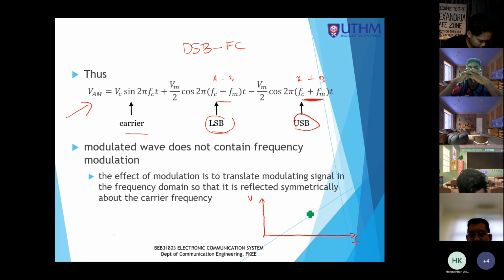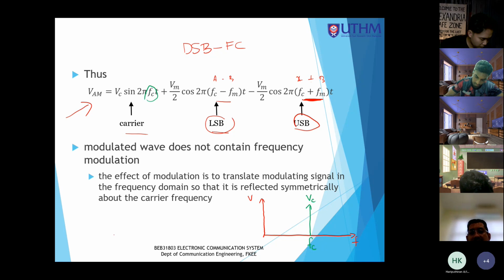So this is the carrier component. Carrier component akan berada di tengah, frekuensinya adalah FC dan dia punya amplitude adalah VC.